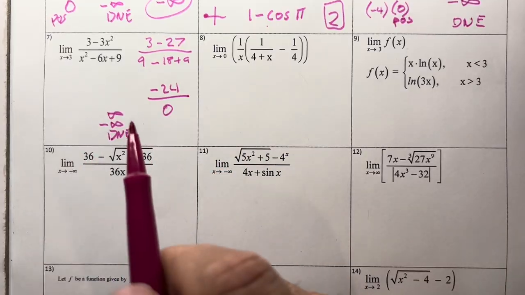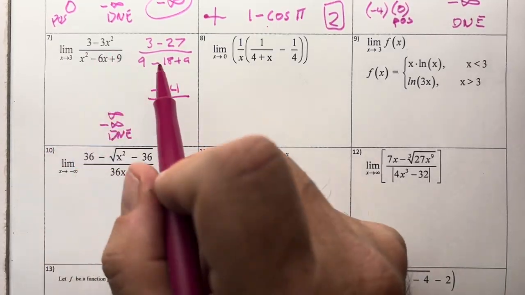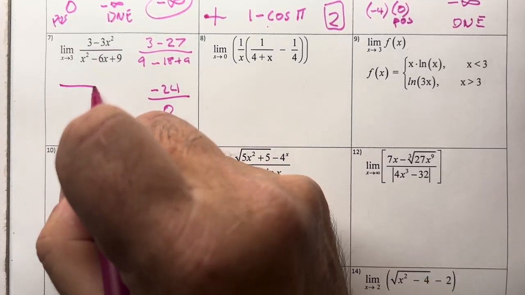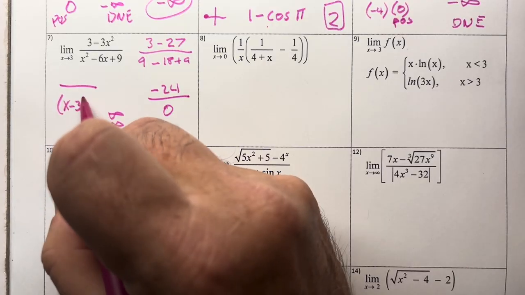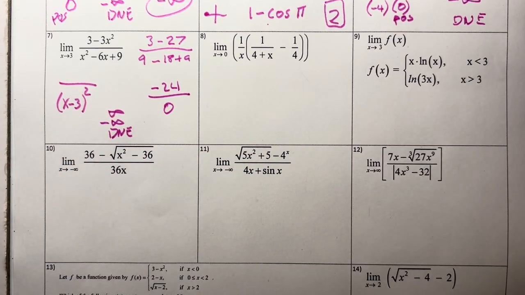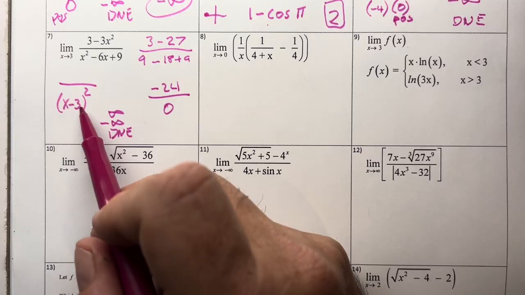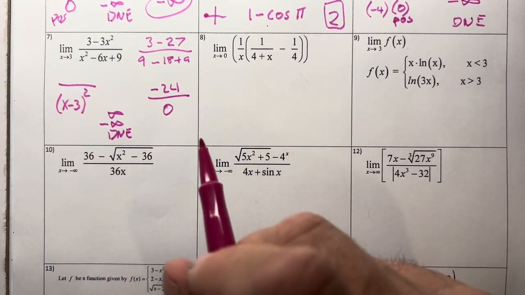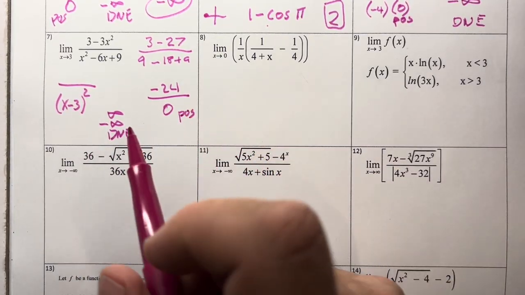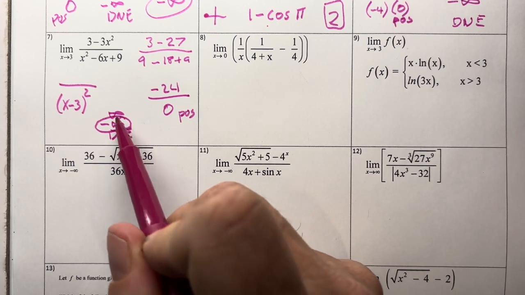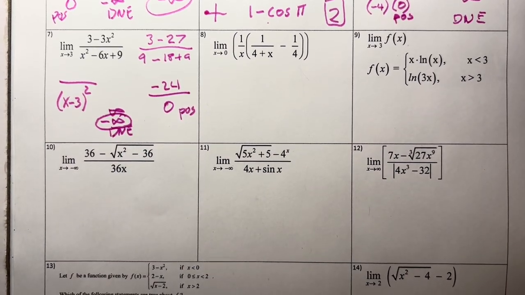And here's an important one. I don't care about the top because we know the top is negative 24. But the bottom is a perfect square trinomial. If you factor it, you'll see that it's a perfect square. And so the bottom is positive. And so we'll choose negative infinity as an answer here.